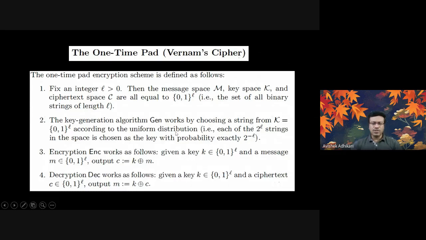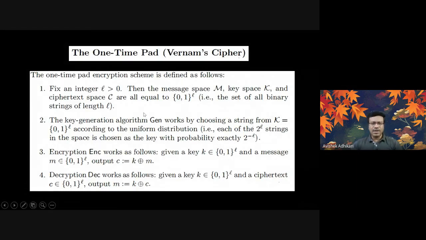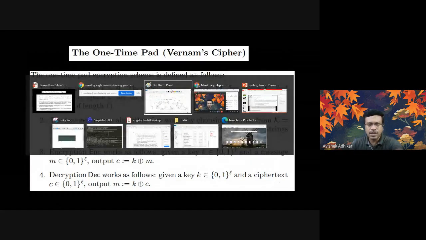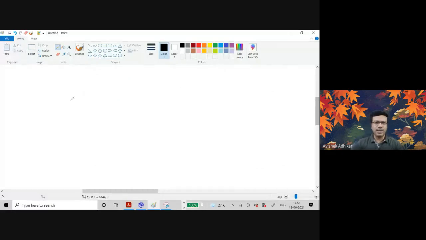So what is the one-time pad? It's very easy. One-time pad basically works in binary, so you start with exactly the same proforma that we have already used. This is your encryption. Suppose it's an L-bit binary string, M0, M1, up to M(L-1).